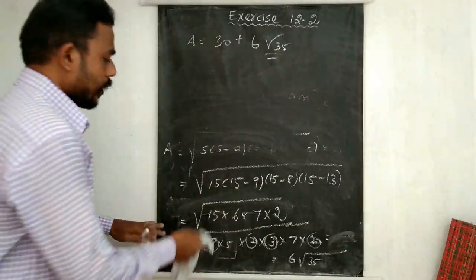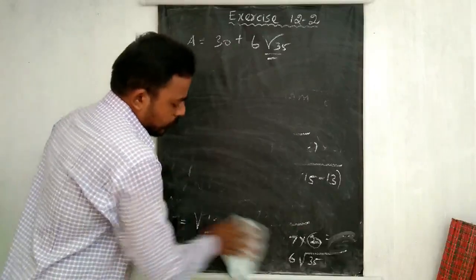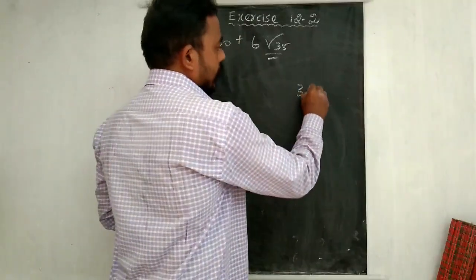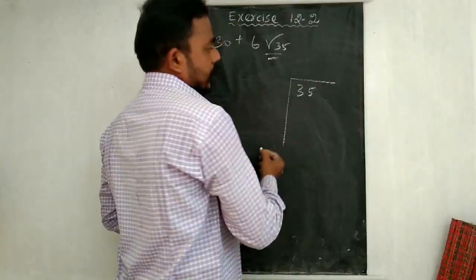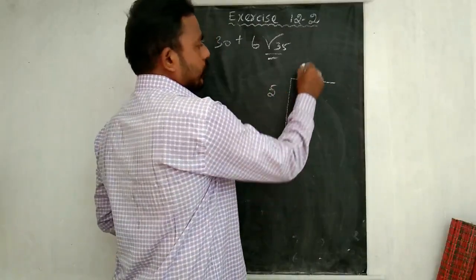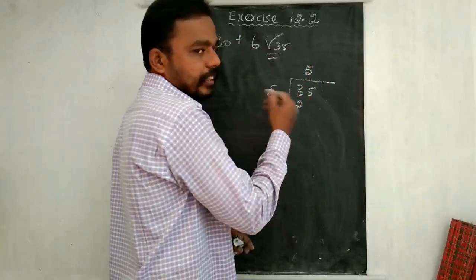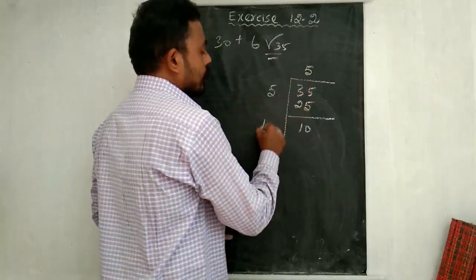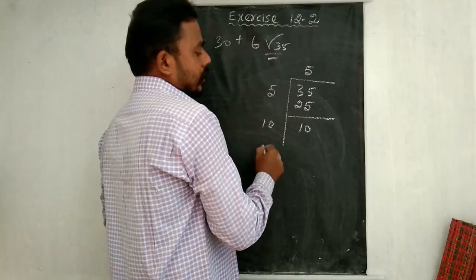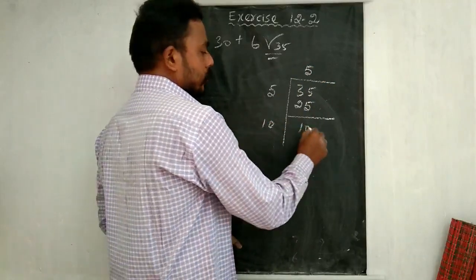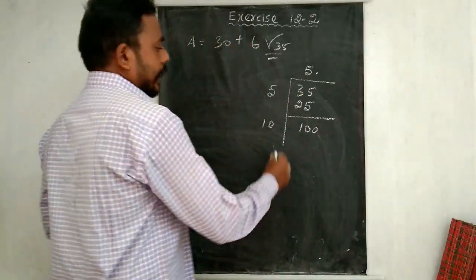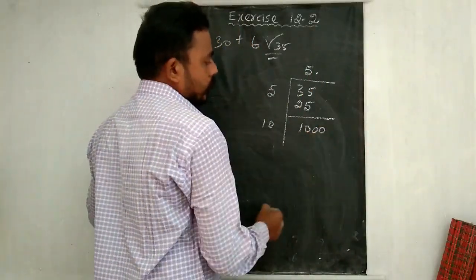The square root of 35: 5 fives are 25, 6 sixes are 36, more than 35, so 5. Double it, 10. Then introduce decimals, so I can introduce 20.